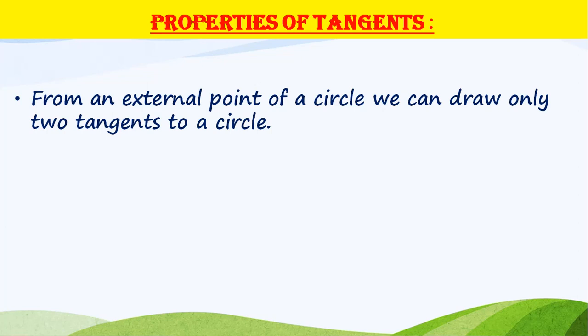The first property says that from an external point of a circle we can draw only two tangents to a circle.